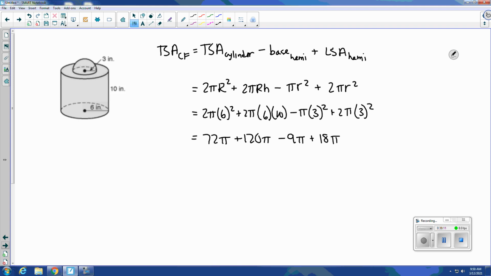They're all in terms of pi, so we can combine these. We're going to do 72 plus 120 minus 9 plus 18 for a total of 201 pi. Rounded to the nearest tenth is 631.5. And these are both in inches squared for the surface area. So there's your total surface area.